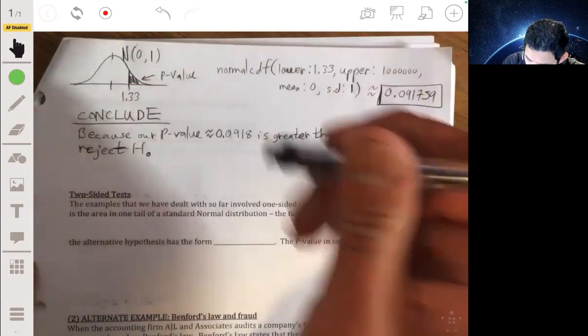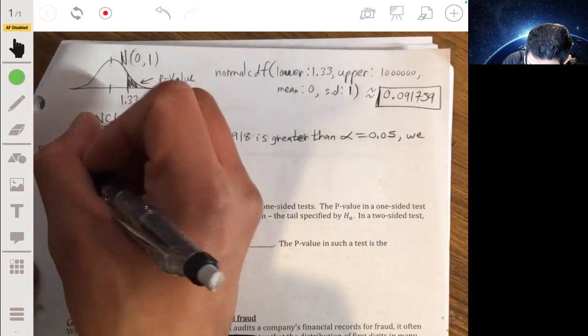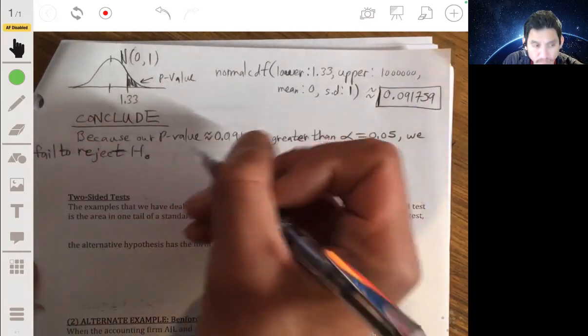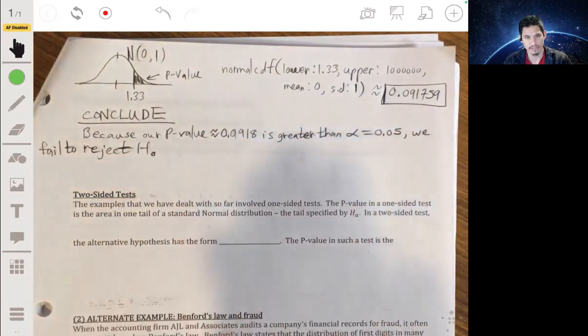Oh no, we failed to reject. We failed to reject H0. And let's think what that means in context. We failed to reject H0.